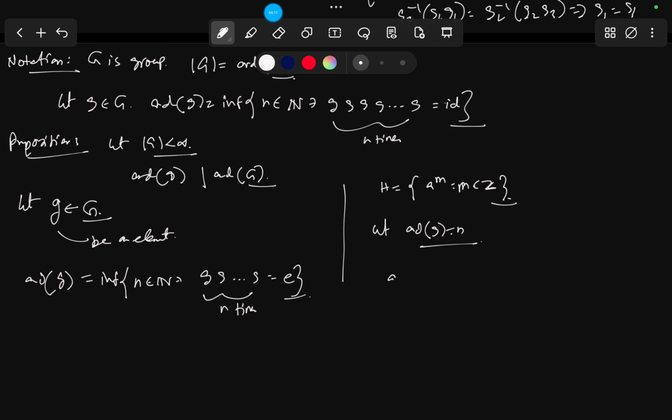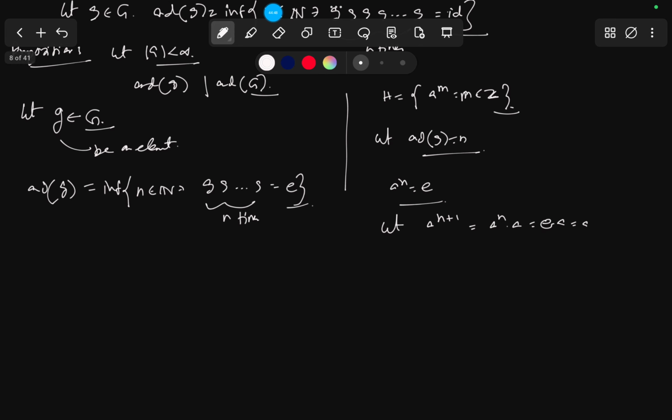That means a power n is the identity. So a power n plus 1 is a power n times a, that means e times a, which is a.